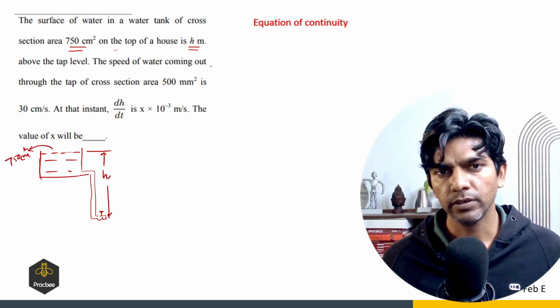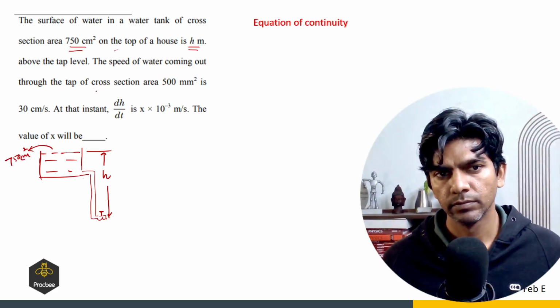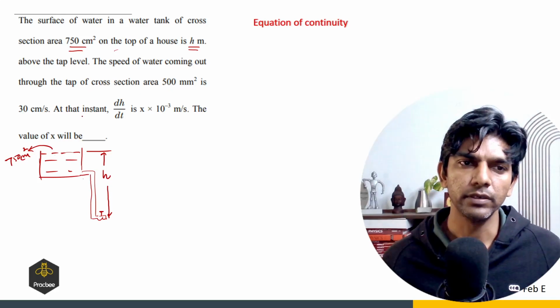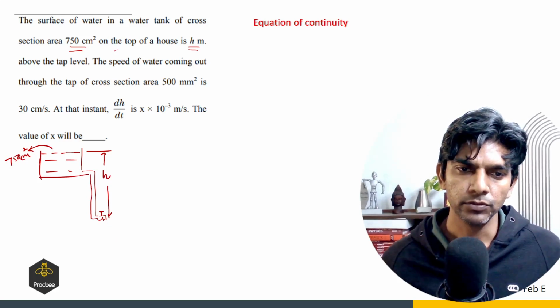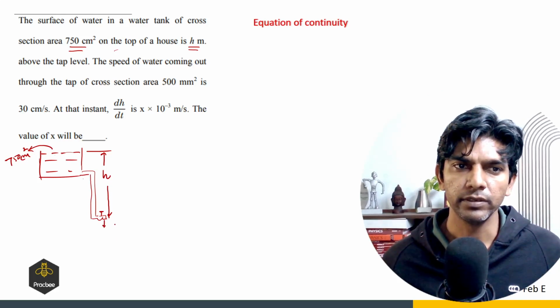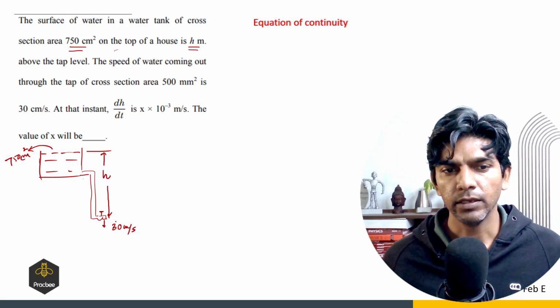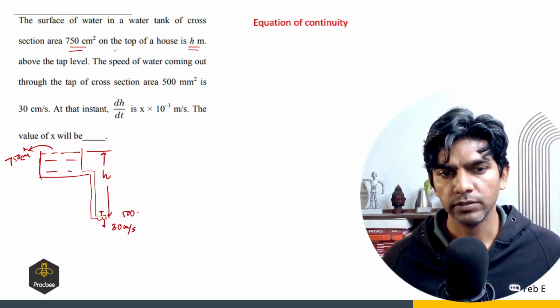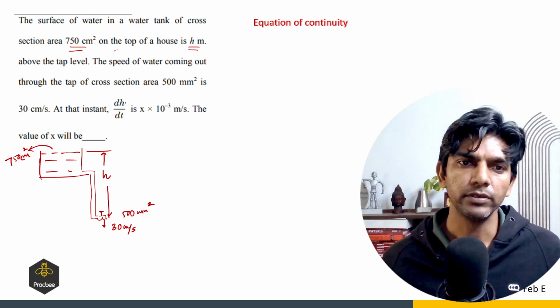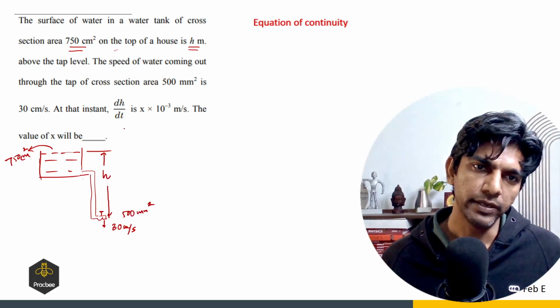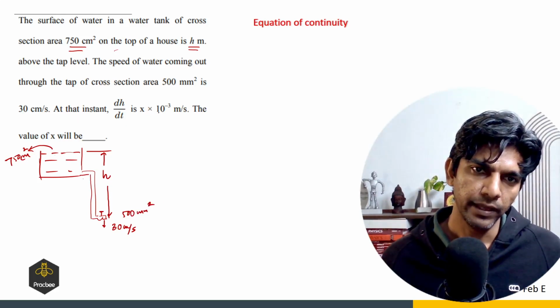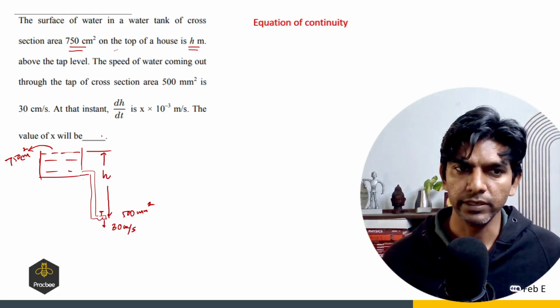The speed of water coming out through the tap of the cross-sectional area 500 square millimeter is 30 centimeters per second. So the water which is coming out through this has a speed of 30 centimeter per second. At that instant, dH by dt is x into 10 raised to minus 3 meters per second, the value of x.